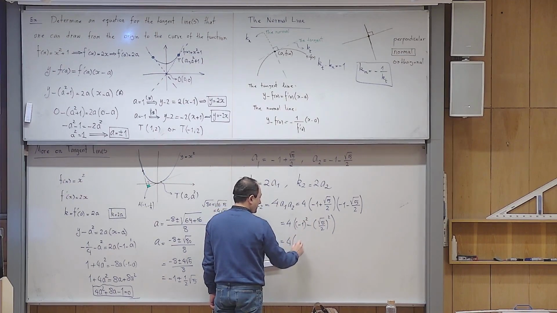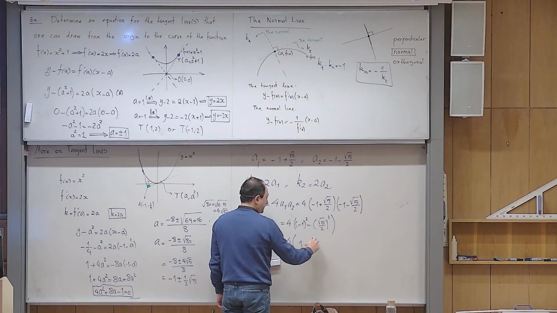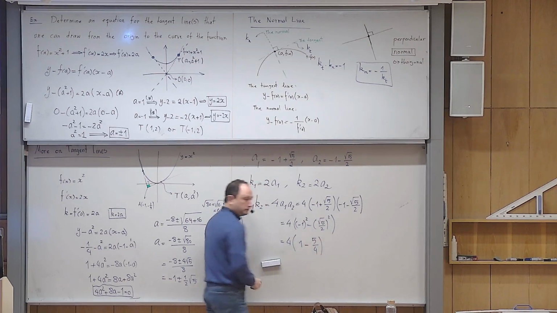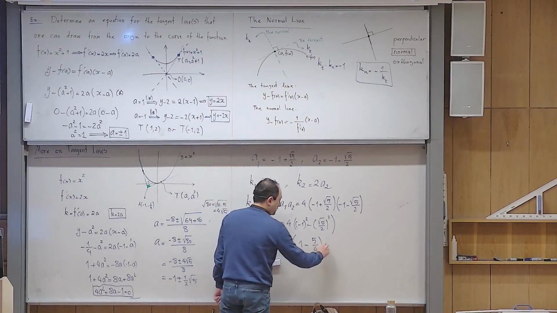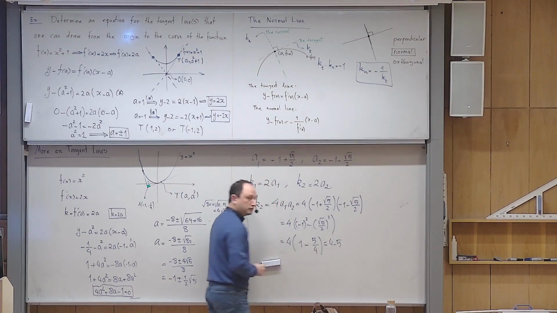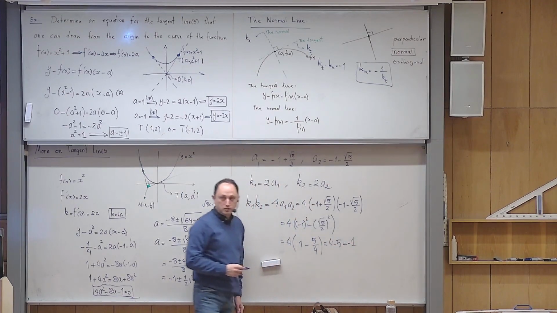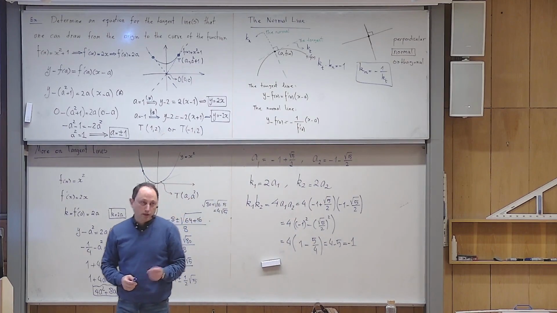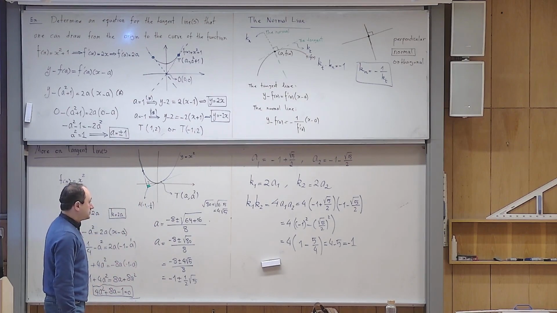So minus 1 to power 2 is 1, minus this number to power 2 is 5 over 4. And then you multiply 4 in, it becomes 4 minus 5. And 4 minus 5 is exactly what we expect. It's minus 1.